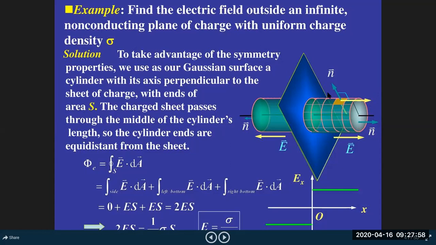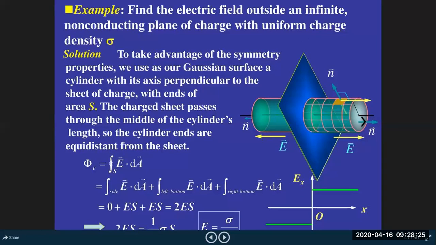This is the electric field, and this is the area vector directed in this direction. So far we have discussed that when you put a normal to the surface of the area, that area becomes a vector. So here these two vectors make an angle of 90 degrees. Therefore, electric flux is just equal to the dot product of the electric field vector and the area vector. And here, if the angle between two vectors is 90 degrees, their dot product will be 0. So this case is 0.